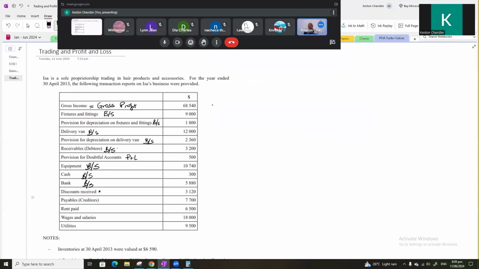Sales discounts. Discount received. When we receive a discount, let's say we're supposed to pay $4,000 worth of goods. We got an invoice for this amount, right? For purchases. So we would have allocated money to pay this $4,000 worth of goods.